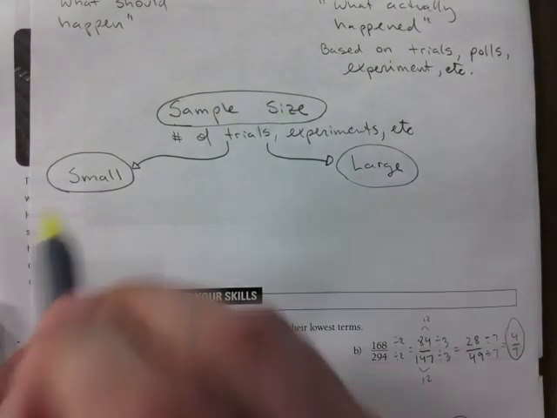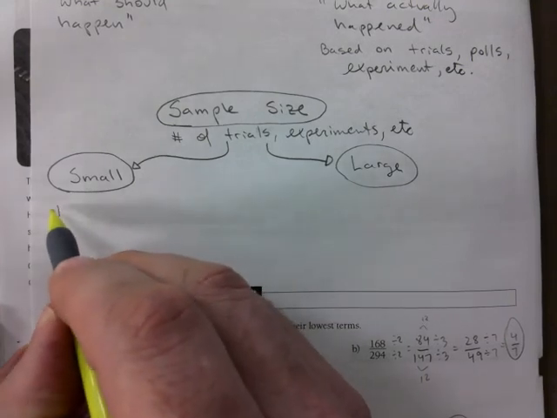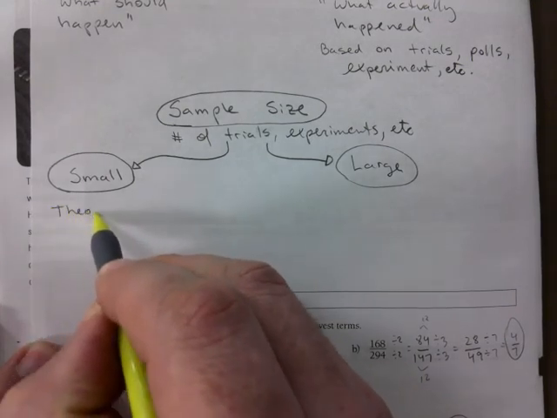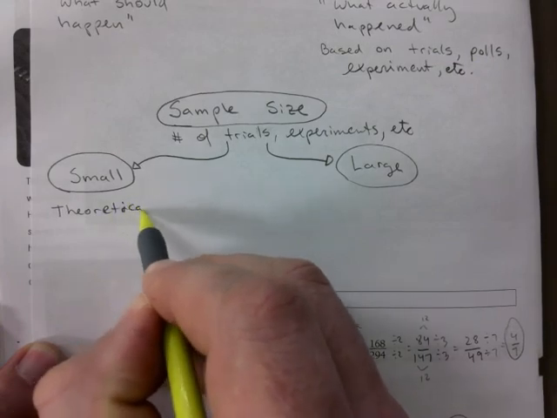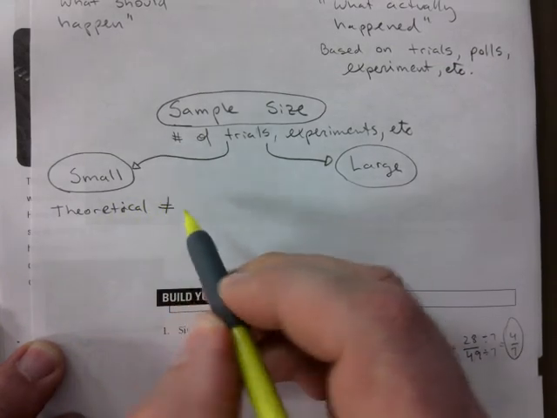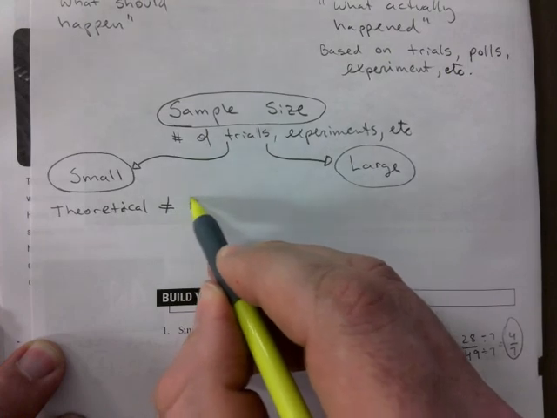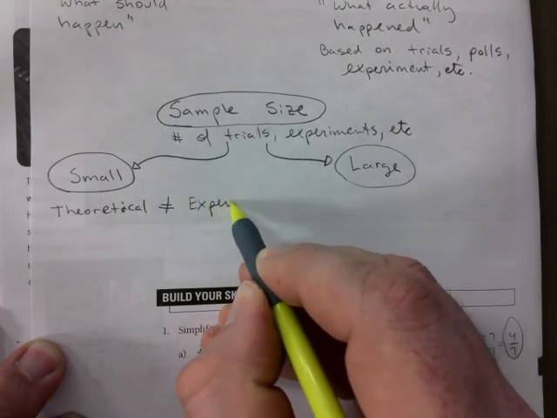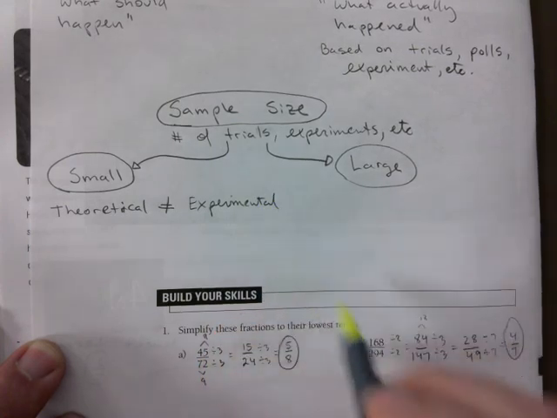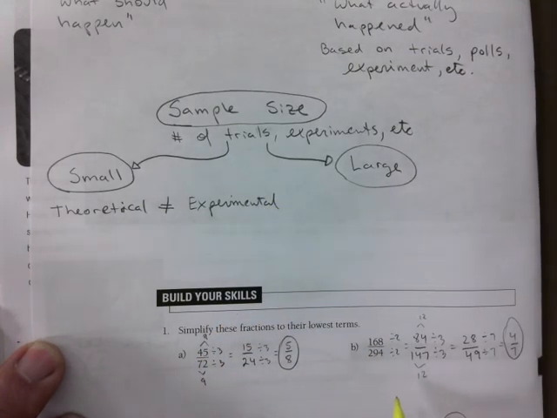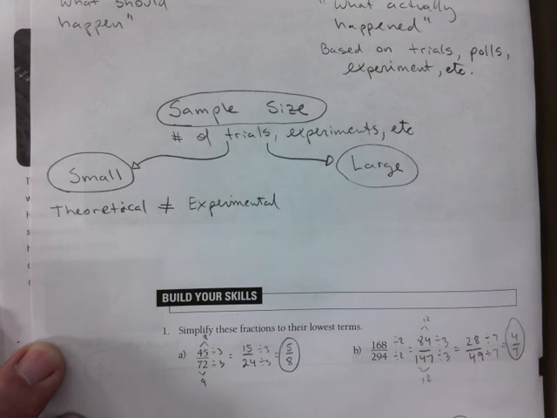Ready for this? A small sample size. The theoretical will not be equal to the experimental. Okay? In the small scale, things are not going to pan out the way you're predicting.